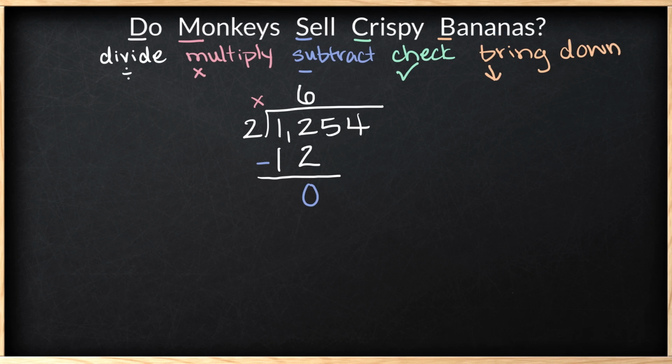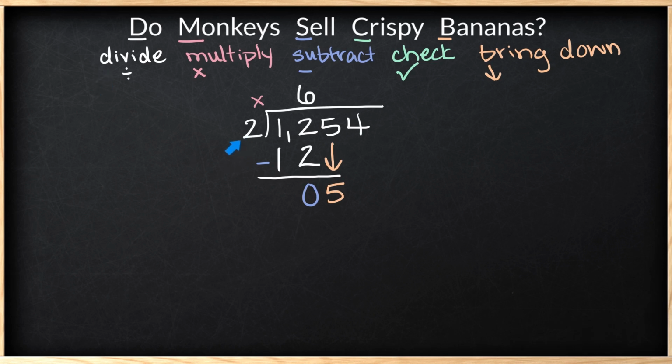So if I look at my dividend, I see that I still have a 5 and a 4 left. So my next step would be to bring the next place value down. So I have a 5 and I will bring it down. Then I start back at the beginning with divide.